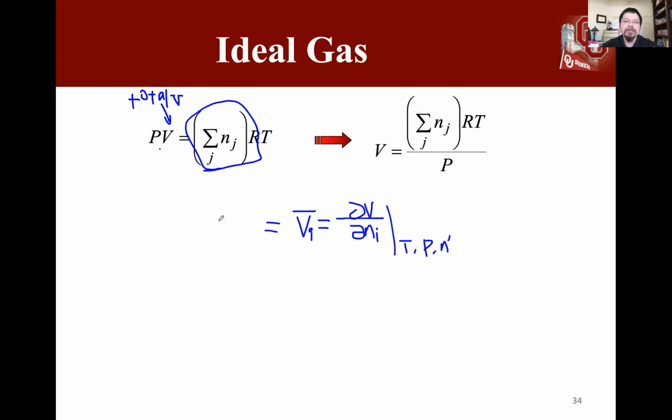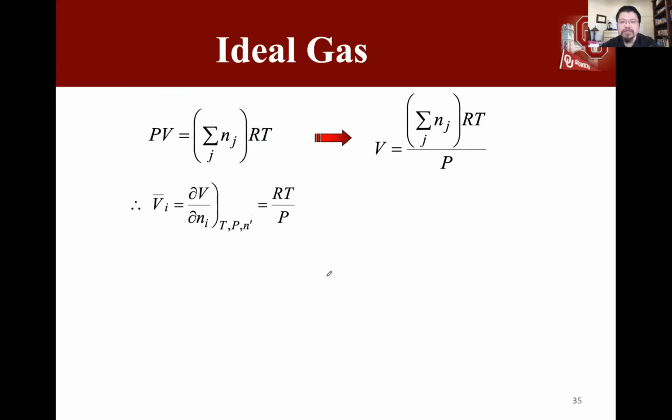That is related with d mu i over dP, no, d mu i, at constant T and P. Those terms were on the previous slide.